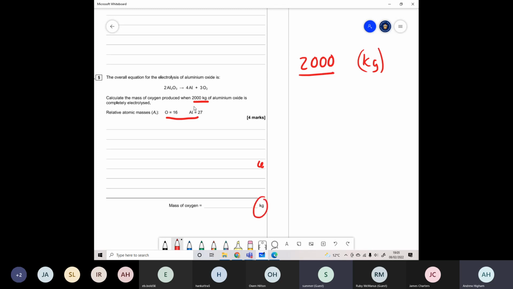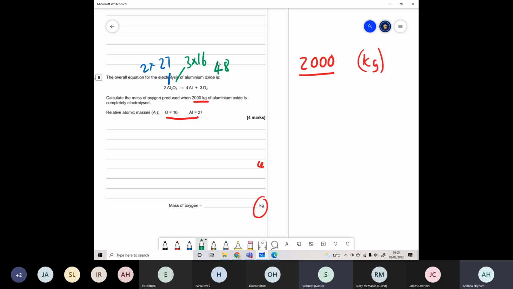So we need to know the MR of the aluminium oxide. In an exam, what you could be tempted to do is just annotate. We've got 2 lots of aluminium, which is 27. So we've got 2 times 27. We've got 3 times 16, 3 lots of oxygen, that's 16.